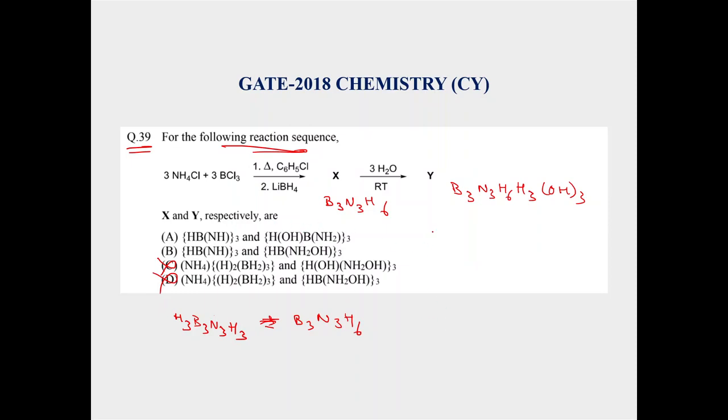So this H2O, H plus and OH minus is coming now. So we will see here H, OH, B, NH2, and this whole thing is 3.